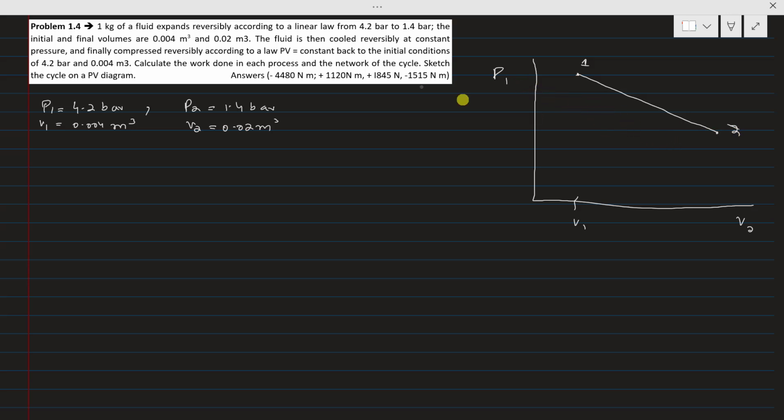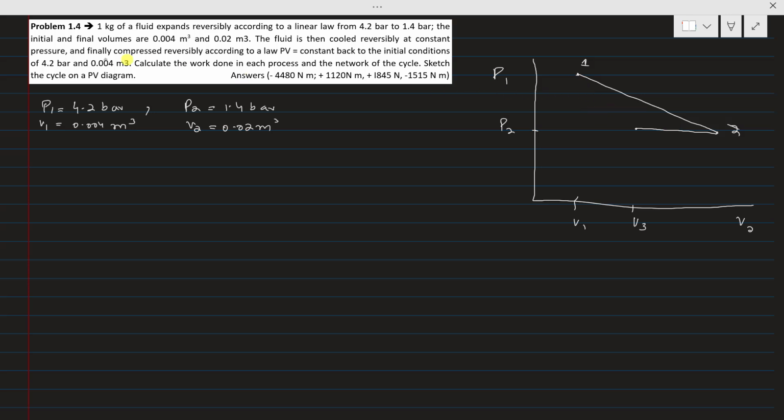Now the next process is cooling at a constant pressure, so the pressure is constant. Here the pressure is P2, so a pressure drop has taken place. Then cooling takes place at constant pressure such that its volume reaches V3, whose value is unknown and we need to find it.